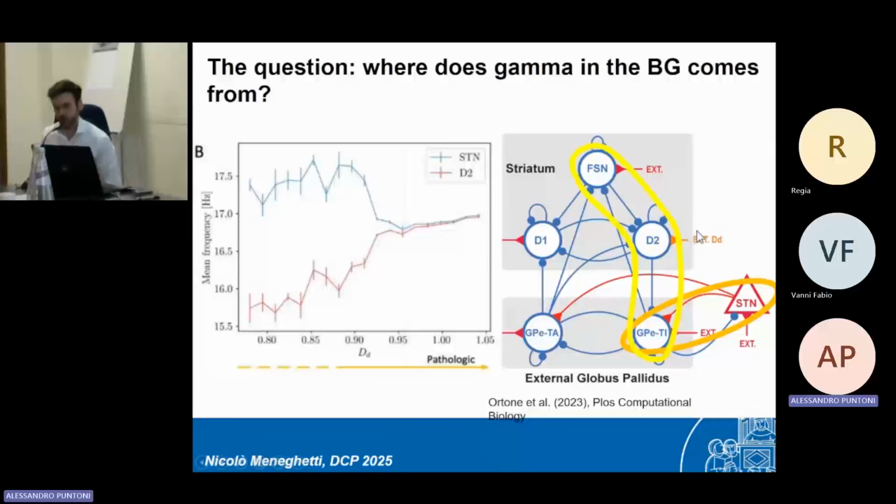So from a computational viewpoint, the easiest way to simulate dopamine depletion is to increase the excitatory drive to the D2 subfamily.